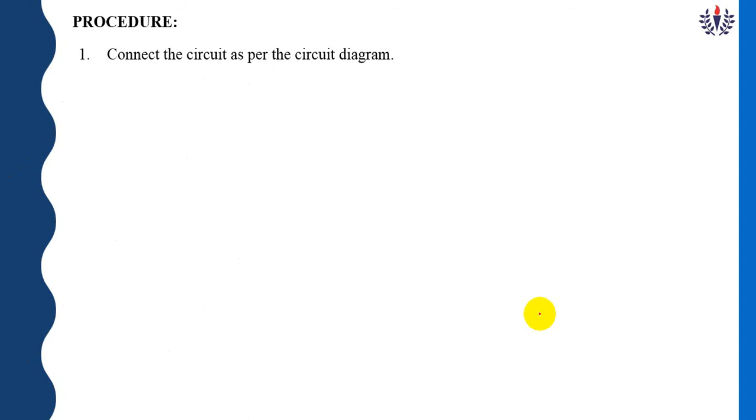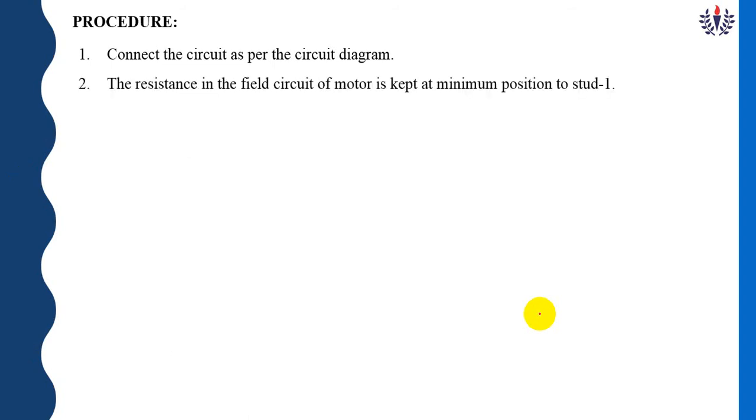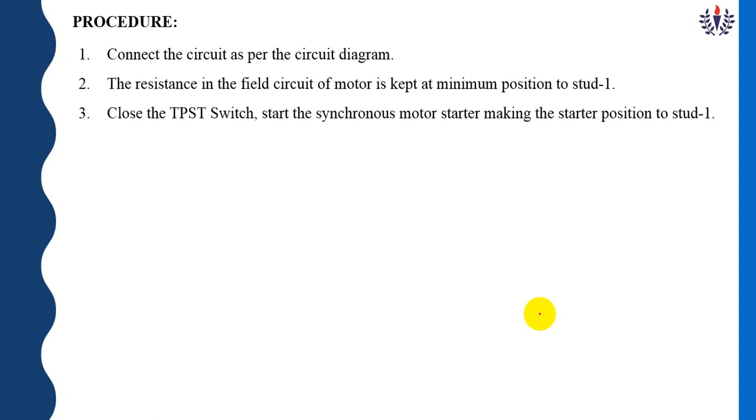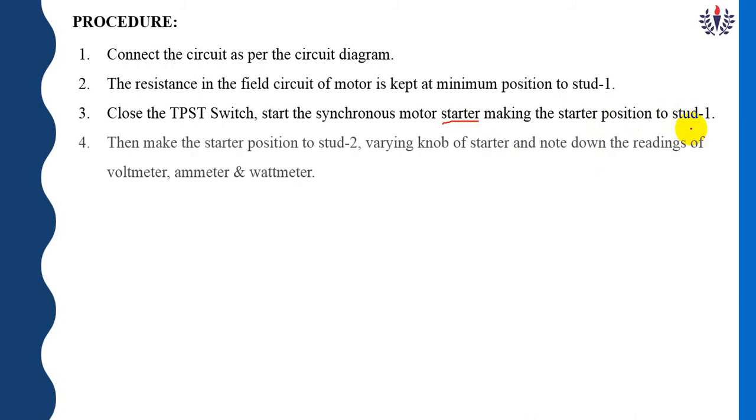Connect the circuit as per the circuit diagram. Next, the resistance in the field of the motor should be kept at minimum position. Close the TPST switch. Start the synchronous motor with the help of a starter, making the starter position to stud 1, position 1. Then make the starter position to stud 2 by varying the knob of the starter.